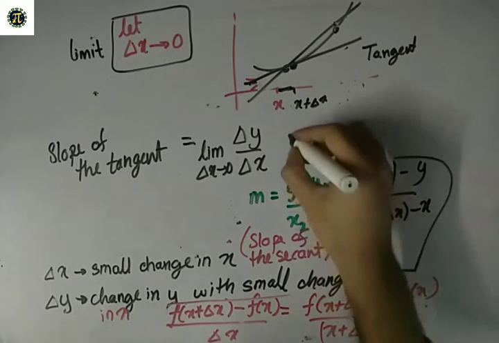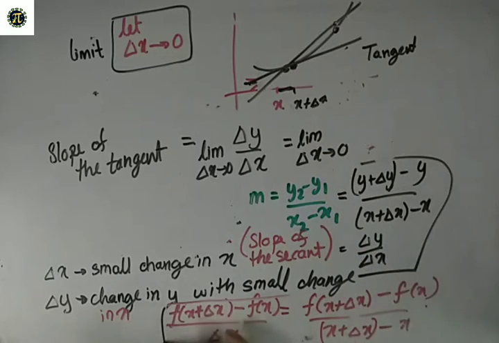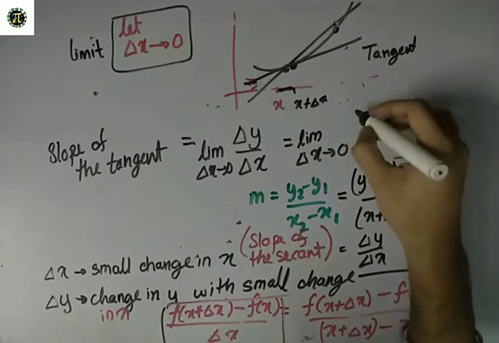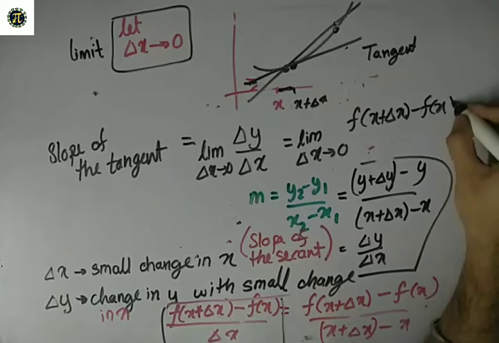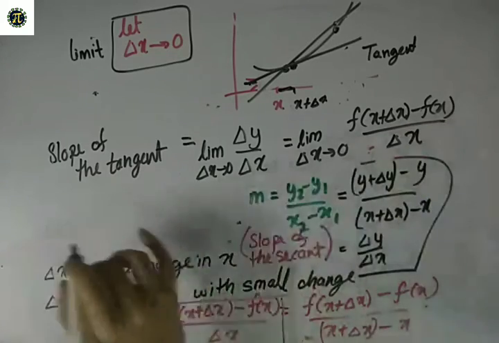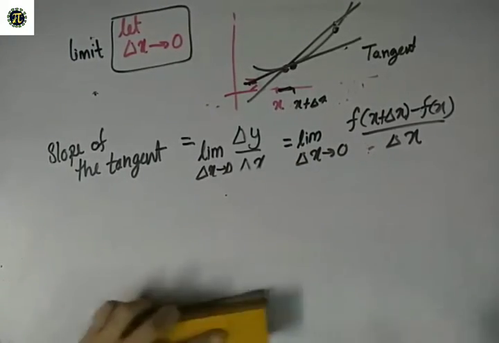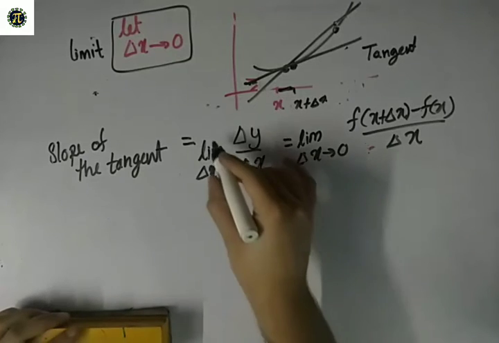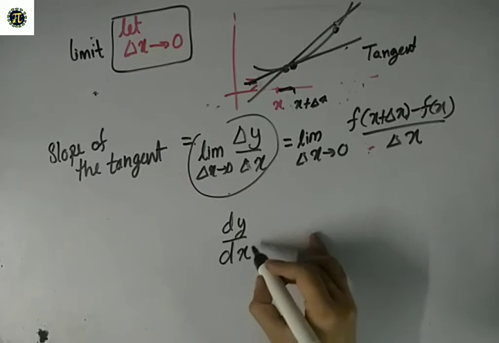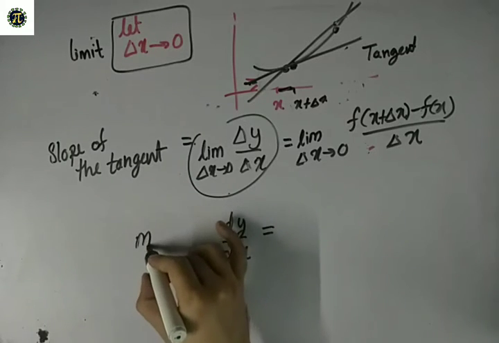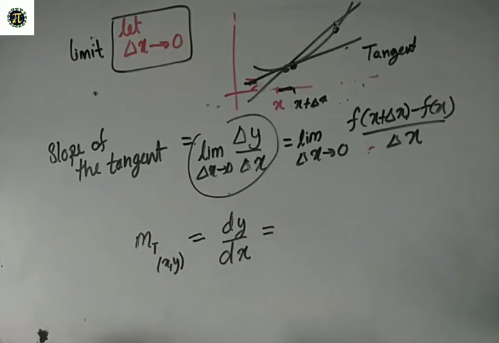So it is very, very small now, and it is also equal to limit delta x tending to 0 of y2 minus y1 upon x2 minus x1, because these two are the same, right? So it is f of x plus delta x minus f of x by delta x. And what we have now is actually the first principle. This value here is what we call dy by dx, and this is also the slope of the tangent at some point x comma y on the curve, and x comma y should lie on the curve.